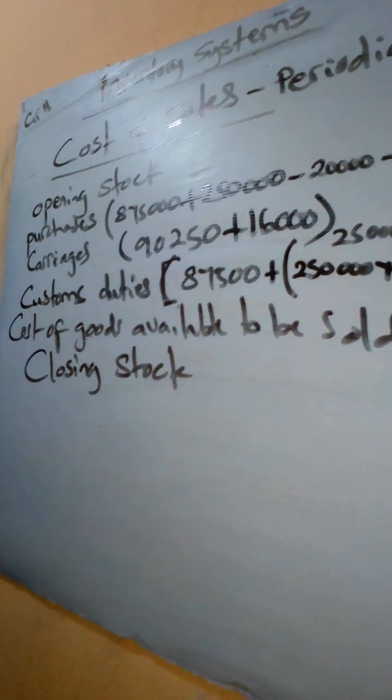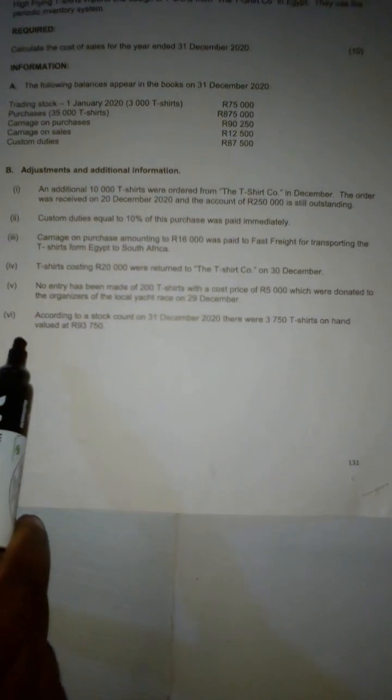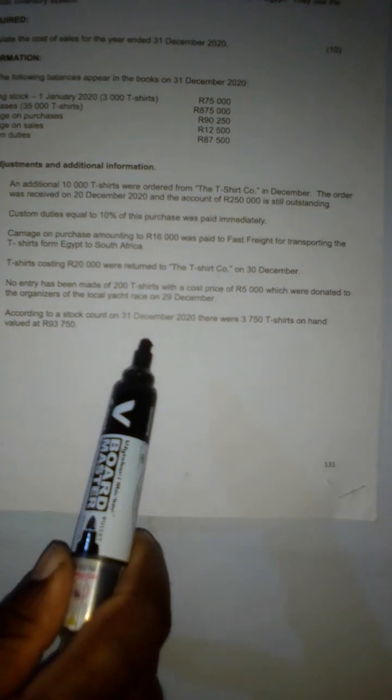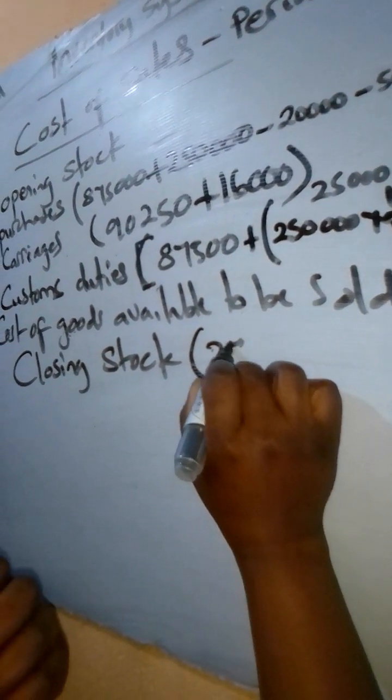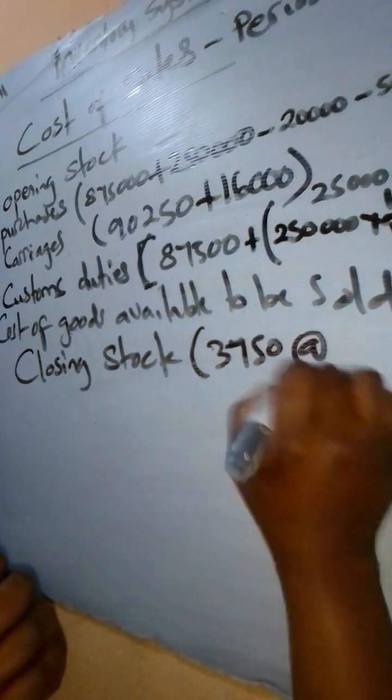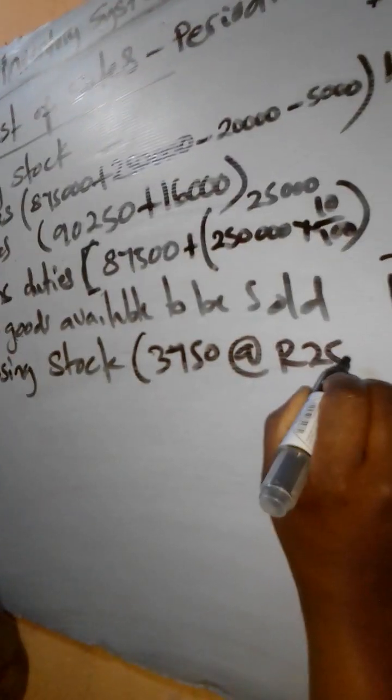Where is our closing stock in the question? Number 6, according to the stock count on 31 December 2020, there were 3,750 t-shirts. At what price? 25 rand each.